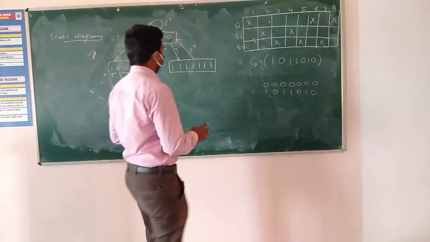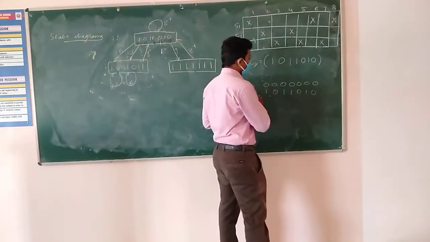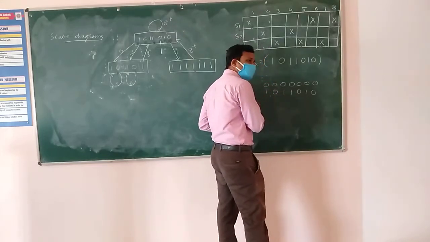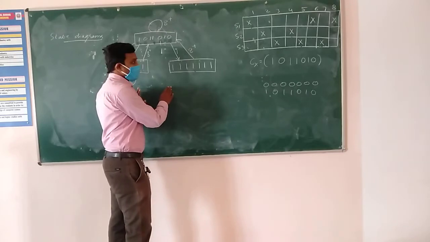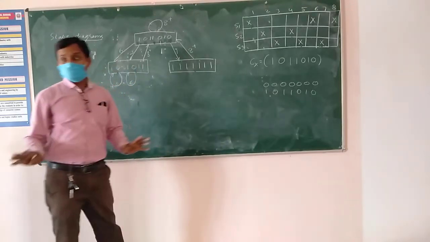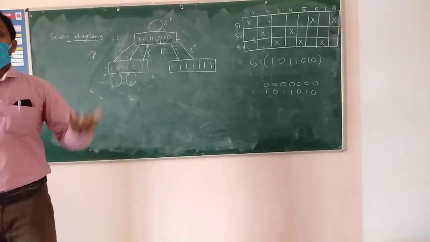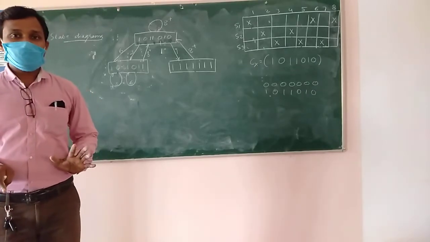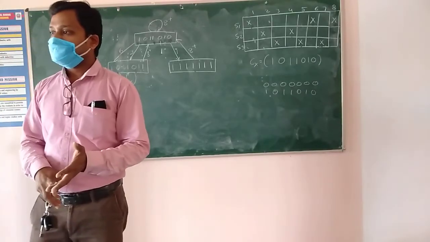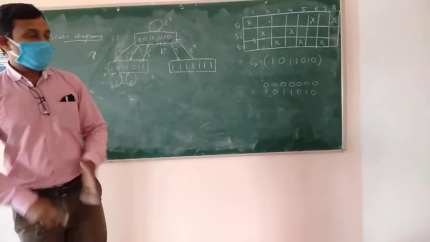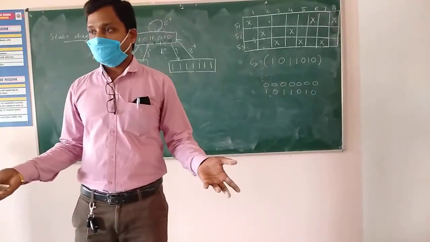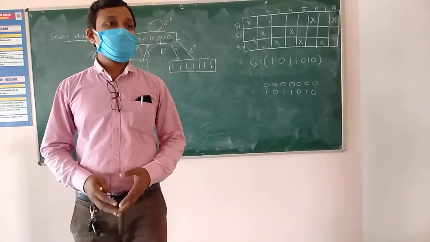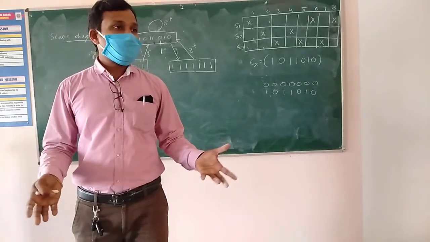See, why such shifting and bitwise ORing to obtain the next states? Why such a method is devised is that we have better hardware support. We have OR gates, and to perform right shifts, we have shift registers. Therefore we can make use of available hardware.